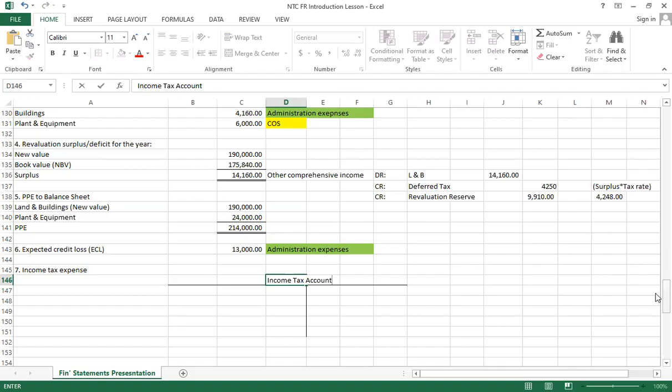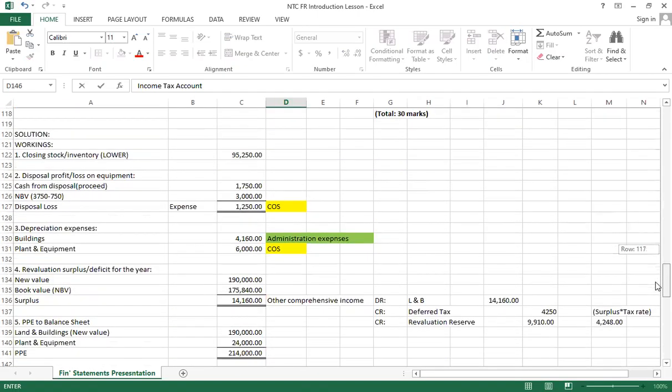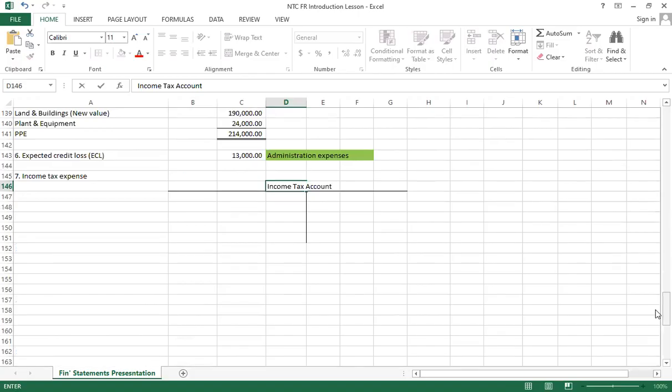All right, so let's agree that the tax provision we are told is what we estimate at this 11,250. A provision is a liability, yeah? And that means that with the 11,250, you credit the liability account. Liabilities are normally credit. Remember, correspondingly, you now debit the income tax account.